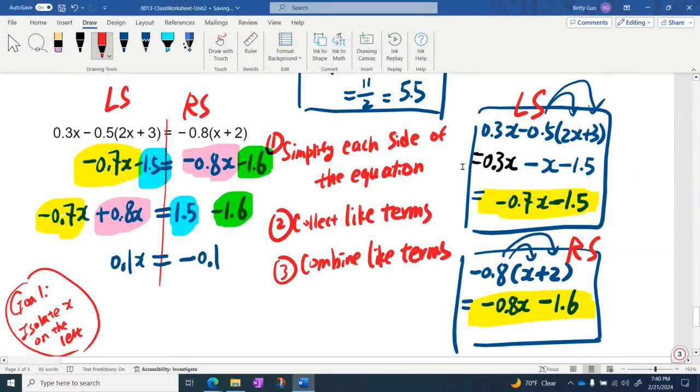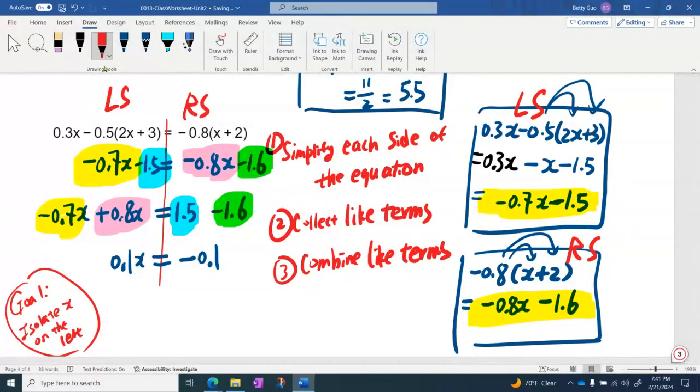I have the 0.3x here already. Do you see that? Oh, okay, I see it. Yeah, yeah. But that's a very good thing to point it out. 0.3x minus 0.5 times parentheses. Yeah, I have this parentheses removed and then combine like terms simplified. Left side and the right side is here. Yeah, that's a very good question to point it out though.